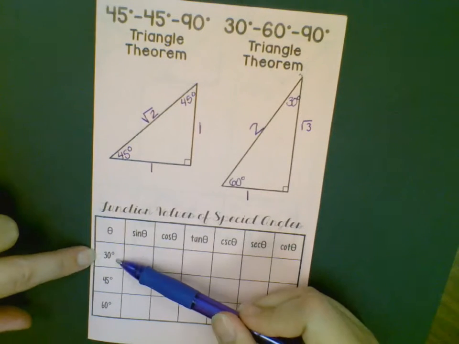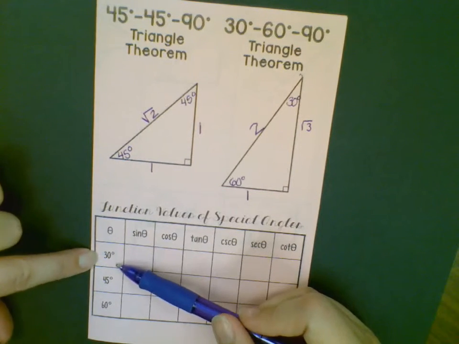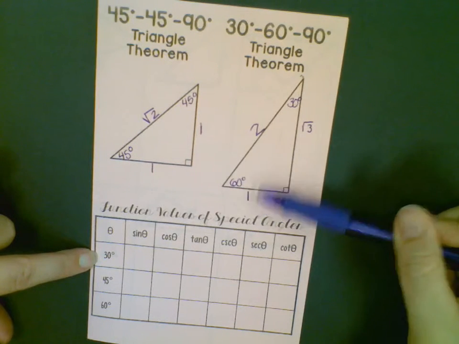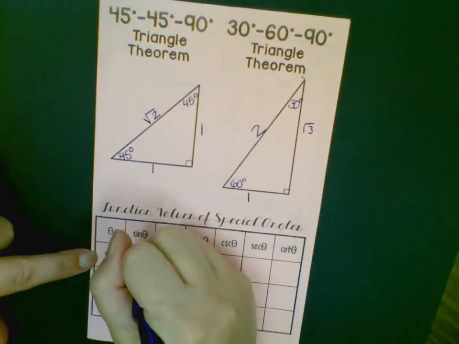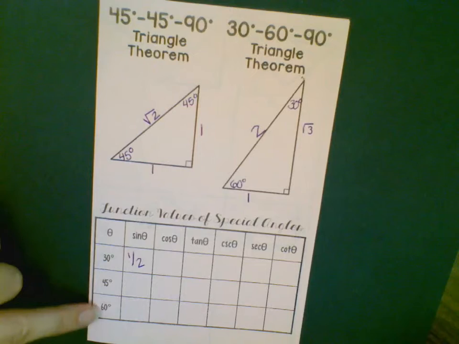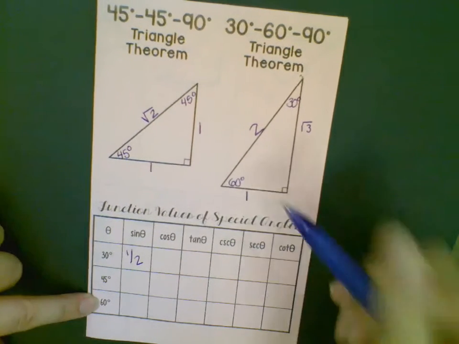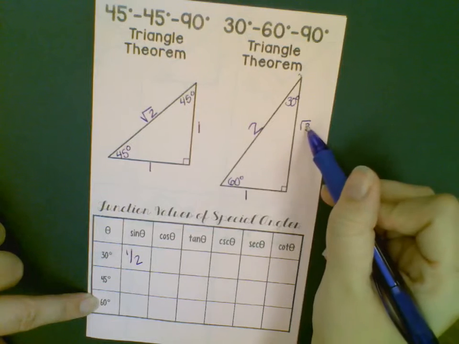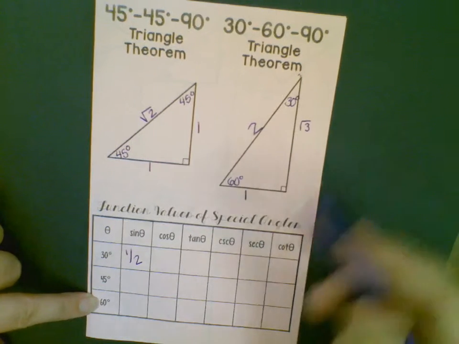So if we wanted to find the sine of 30, if we use SOHCAHTOA, sine is opposite over hypotenuse, so that would be 1/2. Then I'm going to jump down to the sine of 60 because it's in the same triangle. So the sine of 60 is root 3 over 2.